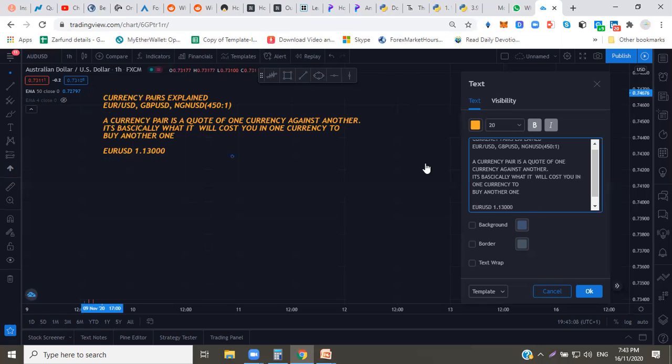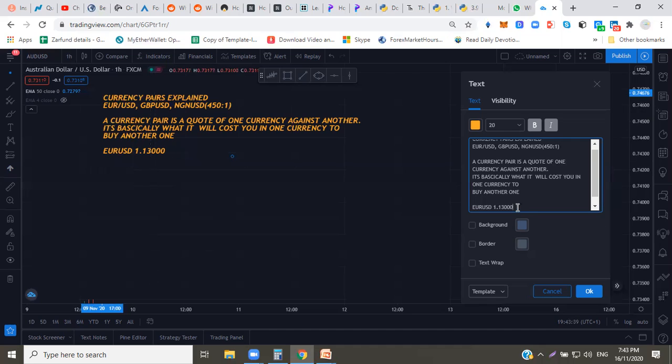This price right now is the quote price for Euro USD. And what does it mean? This amount is what it will cost you in USD to buy Euro. This amount right now is what it will cost you in USD to get 1 euro.